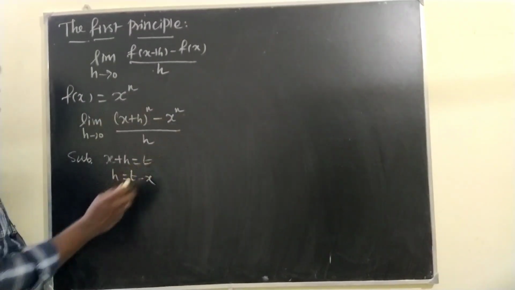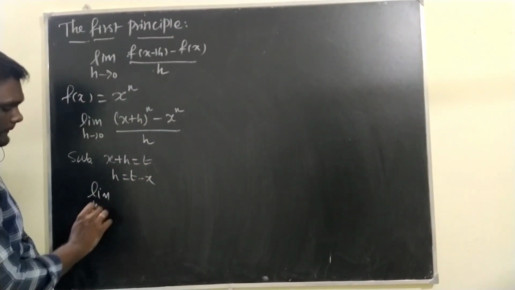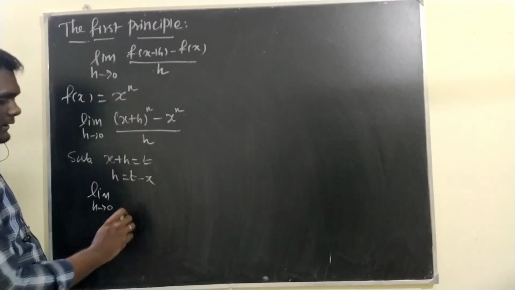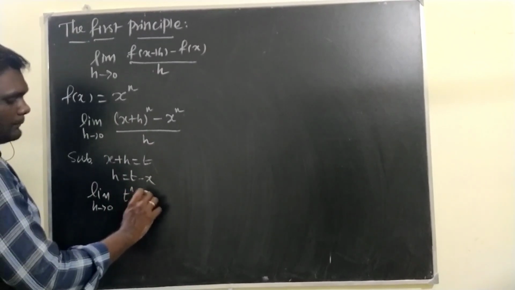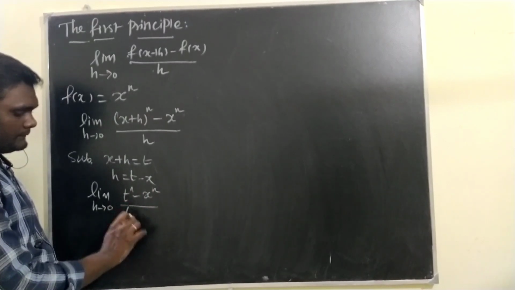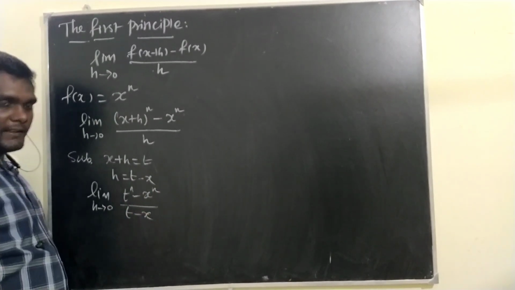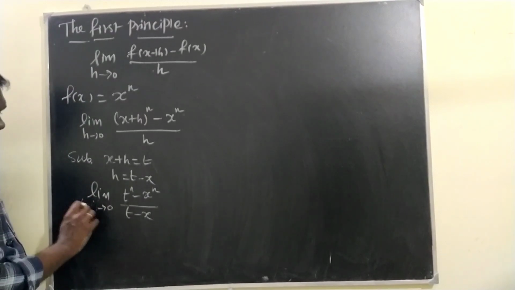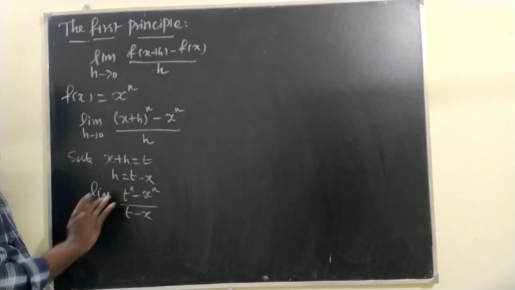This whole expression will become limit h tends to 0, where x plus h is t: t power n minus x power n, and h is t minus x, so it is divided by t minus x, and that limit will change.